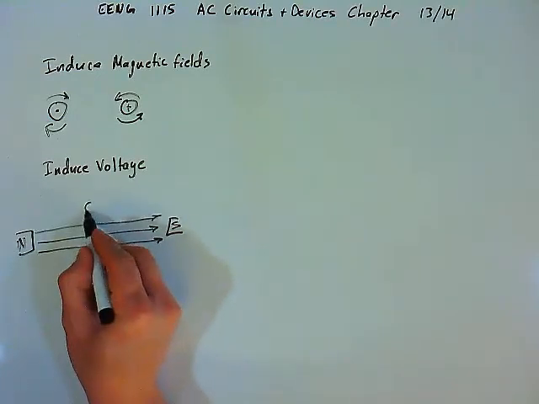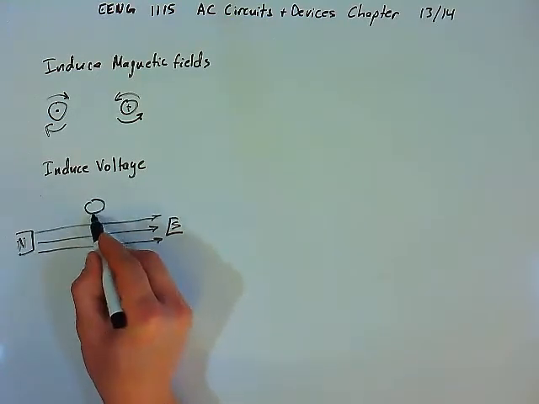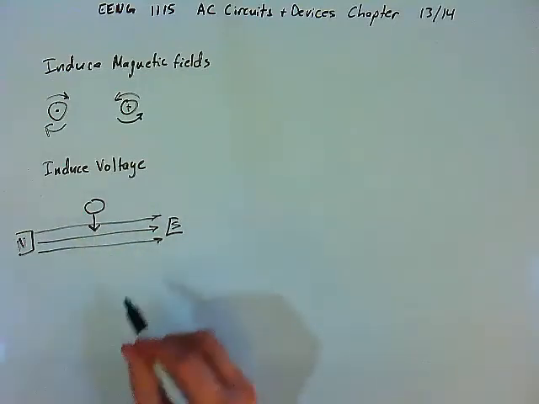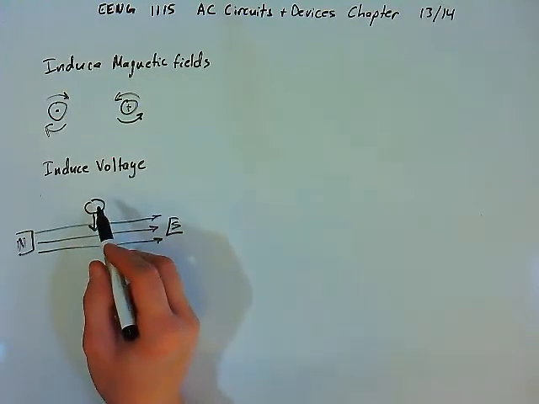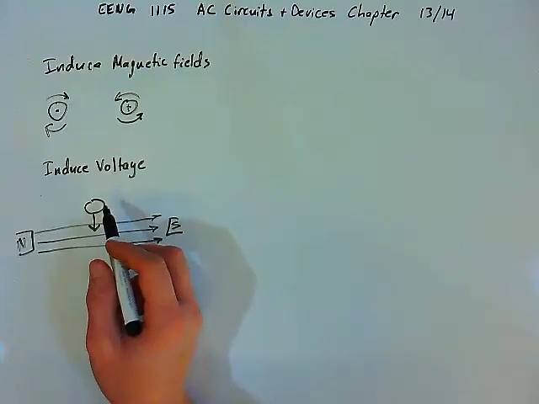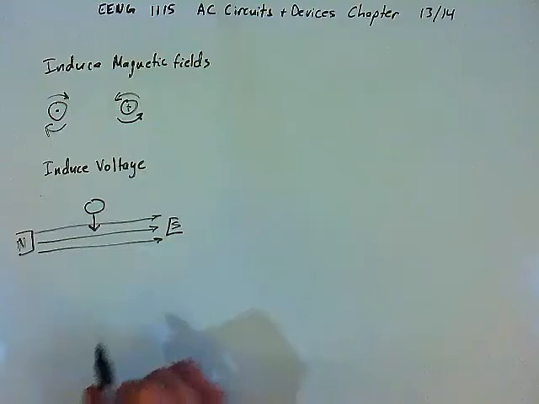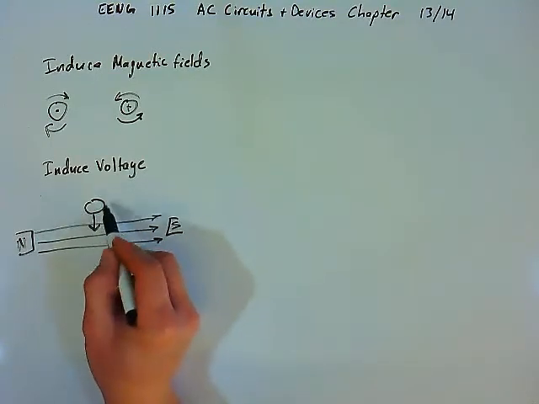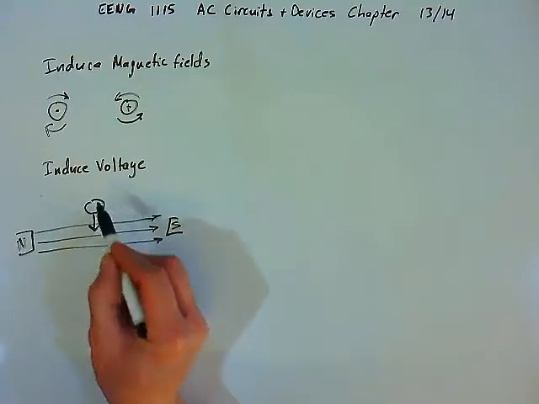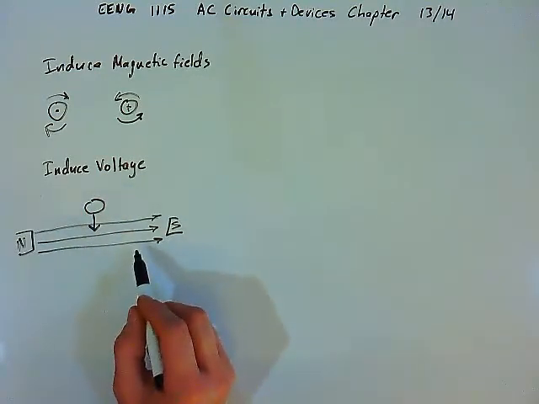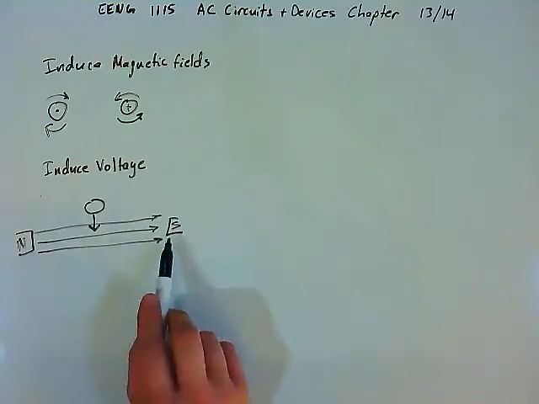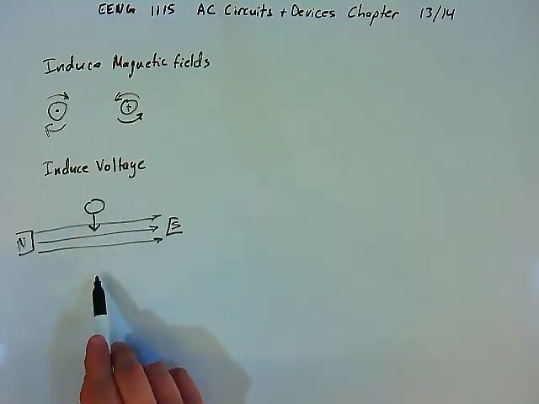If we have a conductor and we force it down through the field, the conductor will have a voltage and possibly a current for a closed loop, but a voltage induced in it, and the voltage polarity will be set up in such a way that the magnetic field induced around the conductor will oppose the permanent magnetic field that the conductor is being passed through.